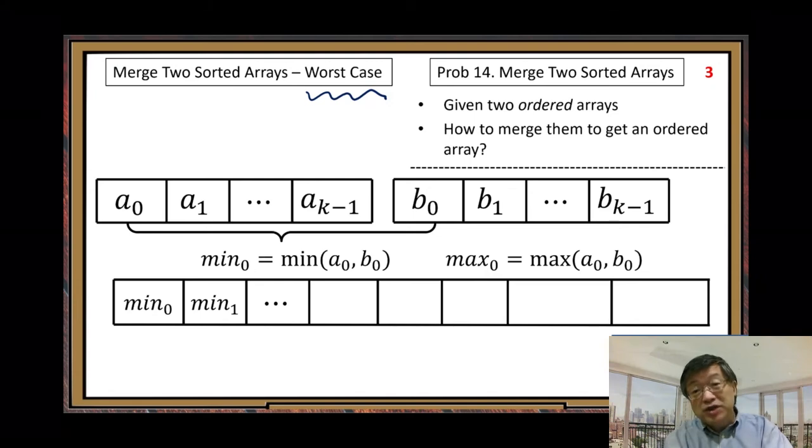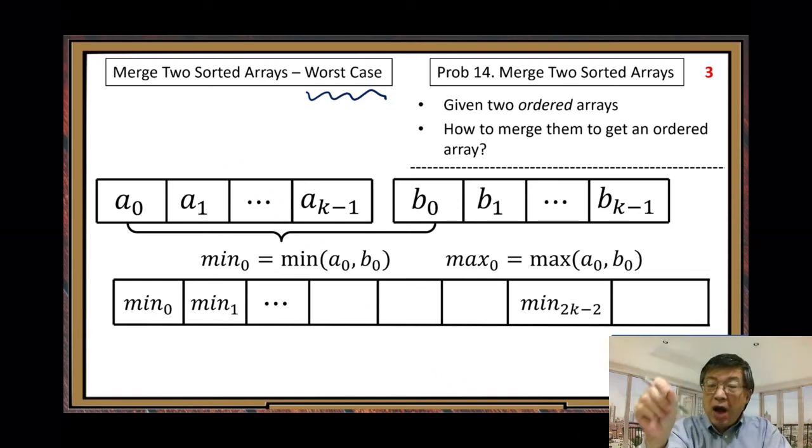For the worst case, actually, we just get one observation. That is, we need to do comparison as many as possible, right? So we keep placing one element in place at a time, again and again, until we reach the last element. But for the last element, we don't need a comparison, right? Only one element left.